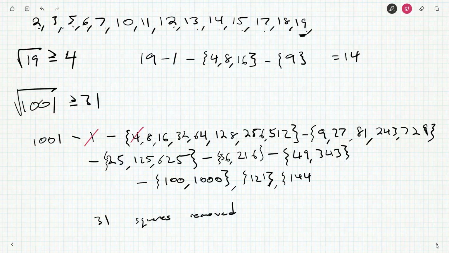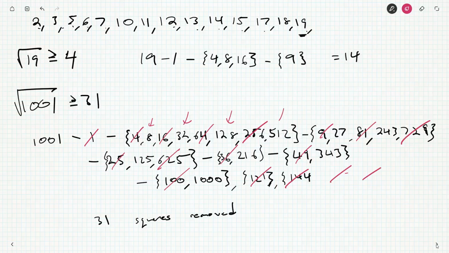So 1, 4, 9, 16, 64, 256, 81's a square, 729's a square, a square, a square, a square, a square, and then all these other squares. Oh, 625. So that's 31, and then what's left over? Well, we've got 8, 32, 128, 512, 27, 243, 125, 216, 343, 1000.